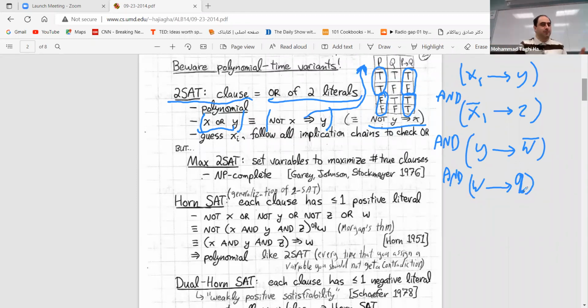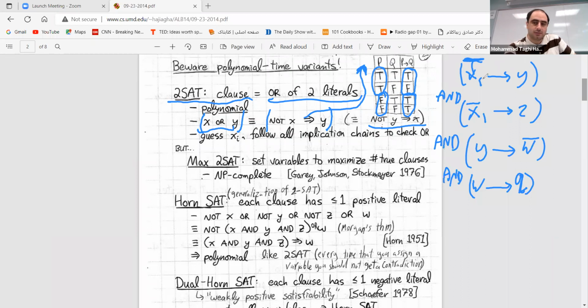Then how do you solve it? If you write it this way, it would be easier to write the algorithm, or at least the implementation would be cleaner. So first you replace everything with this form. Now what do you do? Then you start from one variable, x1, and you set it to true. Now, because everything should be true, since we want satisfiability of everything, if x1 is true, then y should be true as well.